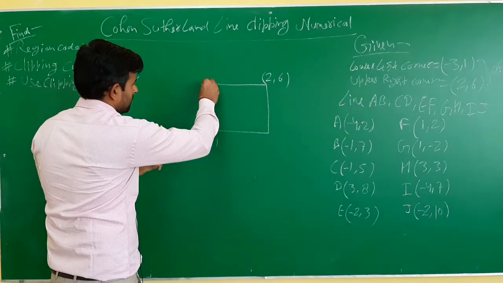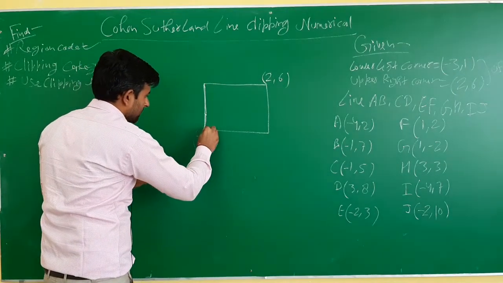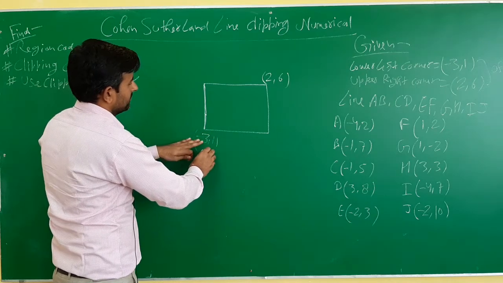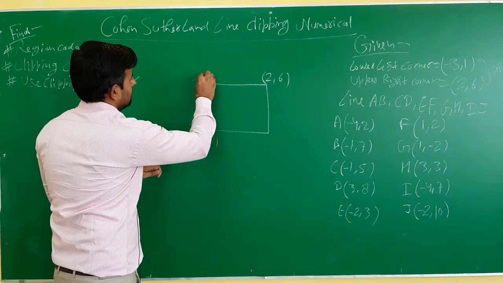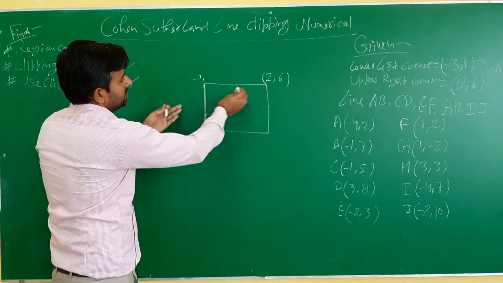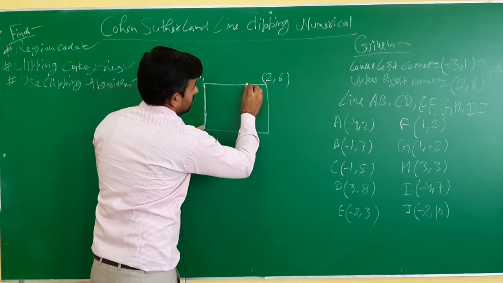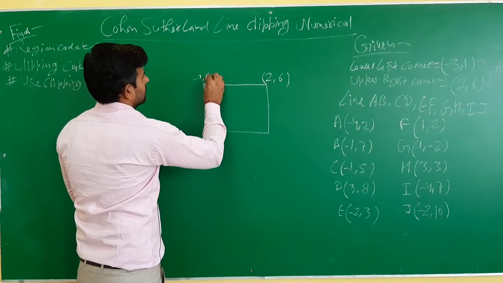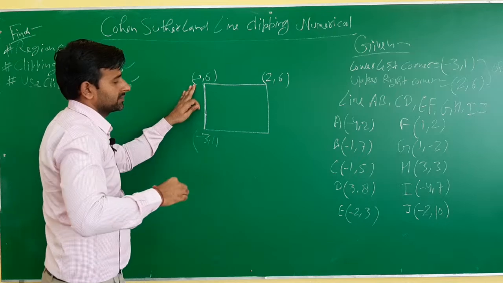As we will know, for this line the x value will be the same, then it will be -3. The y value will be the same and equal to this. Here the y value is 6, here 6.